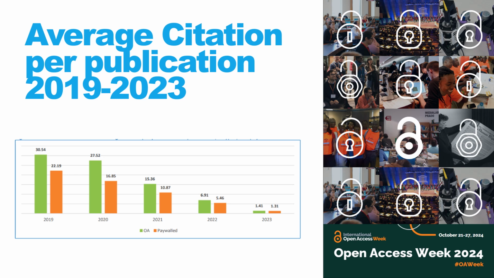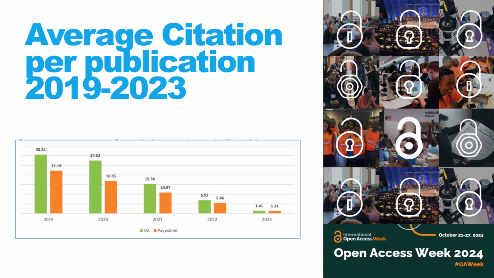The benefit of publishing open access is that it increases your citation rate. This slide shows the average citation per publication of University of Newcastle outputs between 2019 and 2023. It shows that publications that were open access received an additional 5 citations per publication compared to those that were published behind a paywall.